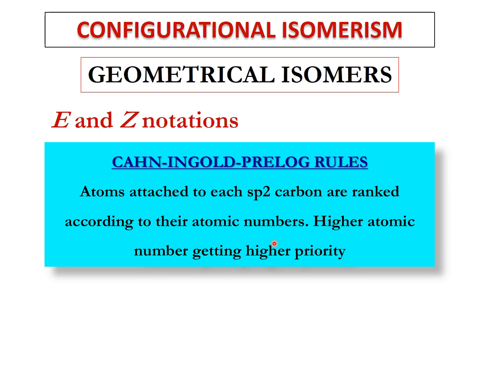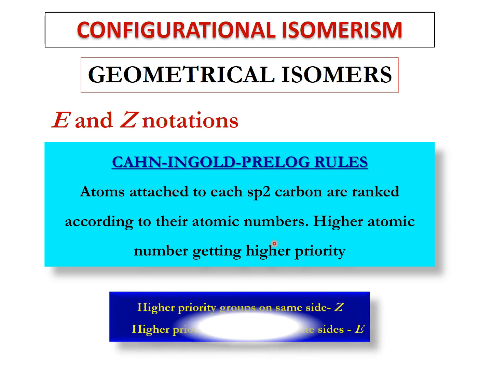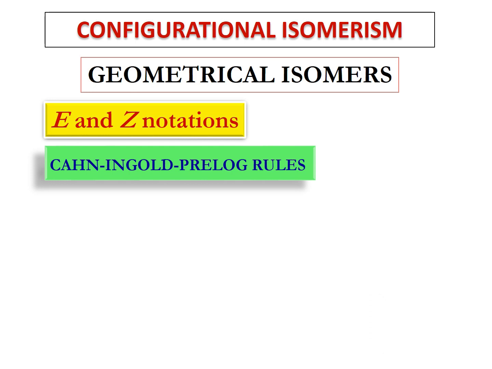And then we see whether the higher priority groups are on the same side or on the opposite side. So if the higher priority groups are on the same side, we say that it is a Z isomer, and if the higher priority groups are on opposite sides of the carbon-carbon double bond, then it is an E isomer. So let's see this with the help of an example.